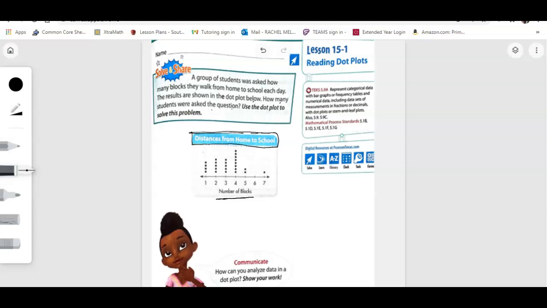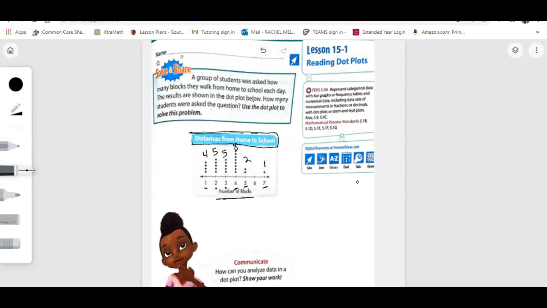So this means that there are 4 people that only have 1 block from home to school. 5 people walk 2 blocks. 1, 2, 3, 4. 5 people also walk 3 blocks. 1, 2, 3, 4, 5, 6, 7, 8 people walk 4 blocks. 2 people walk 5. There are none for 6. And then this lonely one person out here has to walk 7 blocks.